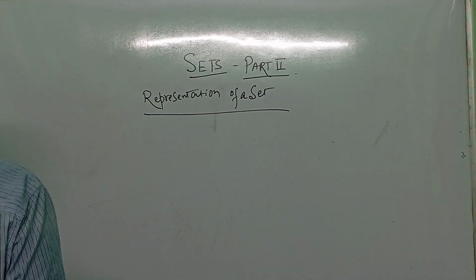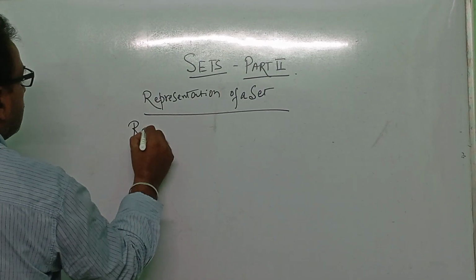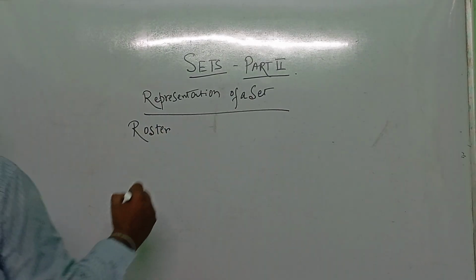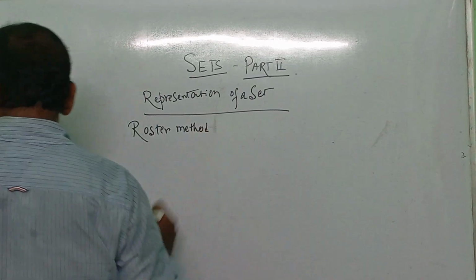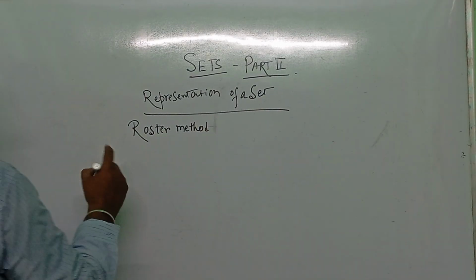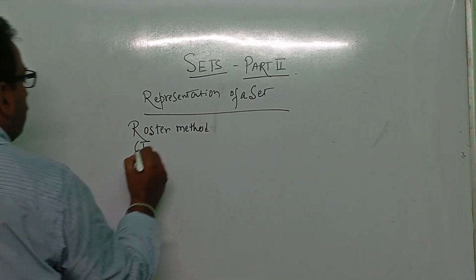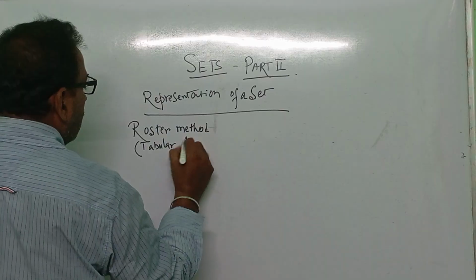Now what is the representation? One is roster method, or the other name is tabular form.